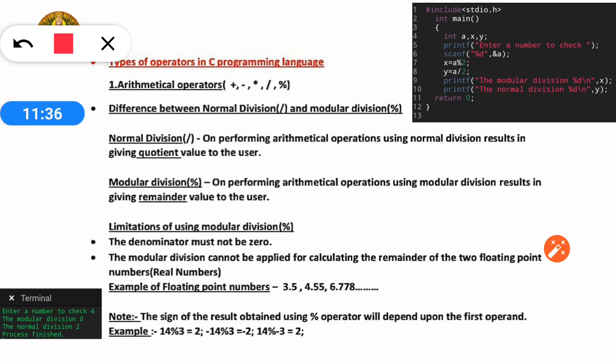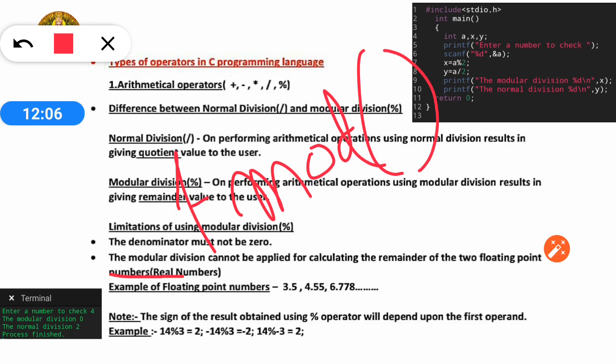After this point, you will definitely ask, sir, for floating point numbers in the C programming language, is there something that can be used to calculate the remainder of two floating point numbers? Definitely yes. It is known as the fmod function. We will discuss it in our next slide.